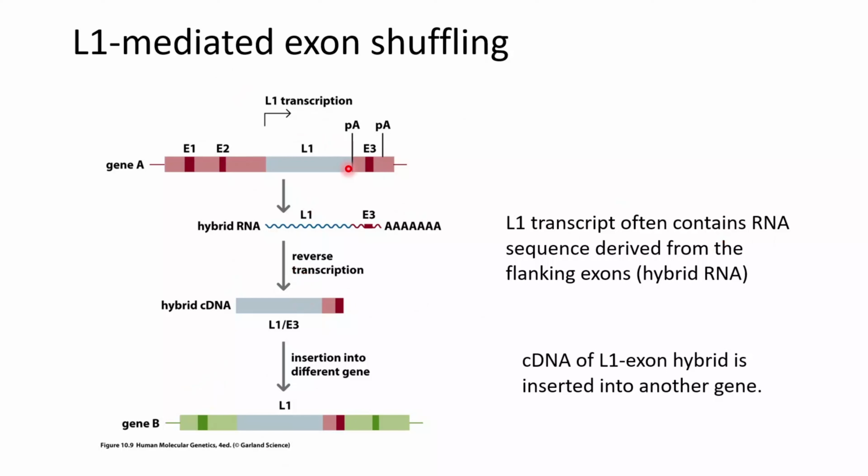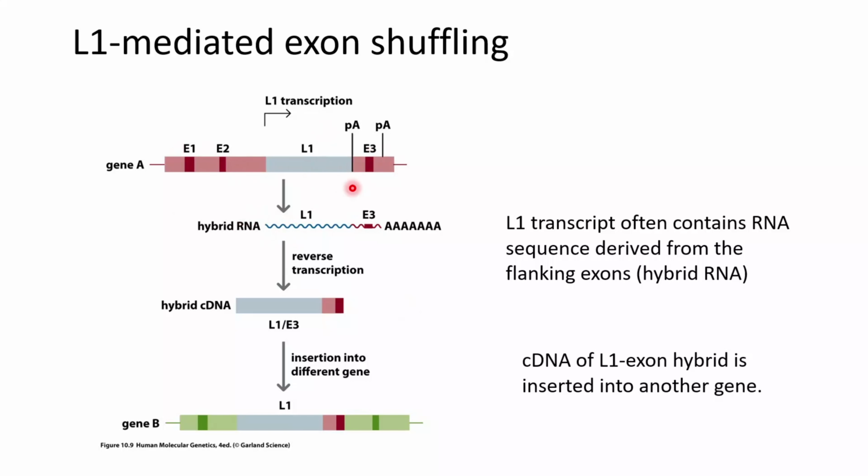So what happens is that when a transposon moves, sometimes it carries with it an exon from another protein. And so when you're going to transcribe, let's say, this gene here, which has an insertion of a transposon, then you'll be forming kind of this hybrid RNA molecule from the initial gene that you had, plus the exon that came with the transposon.